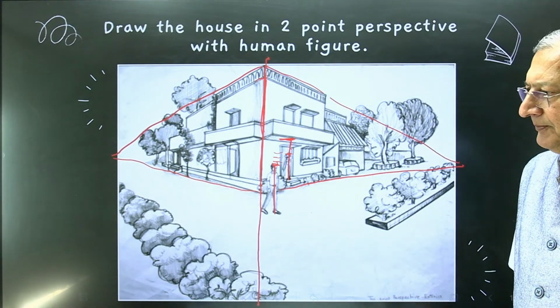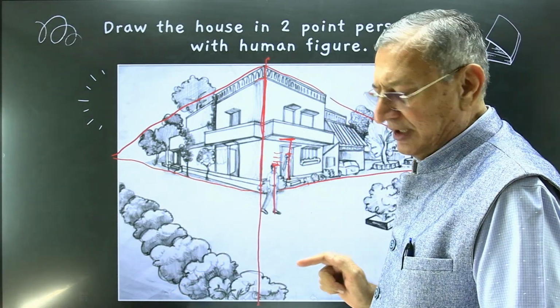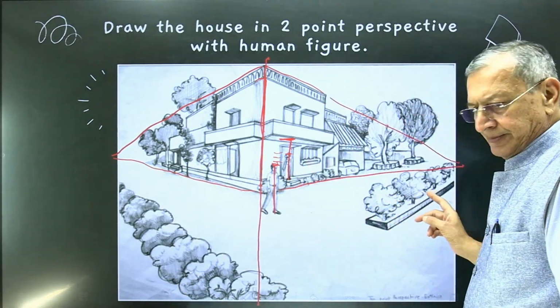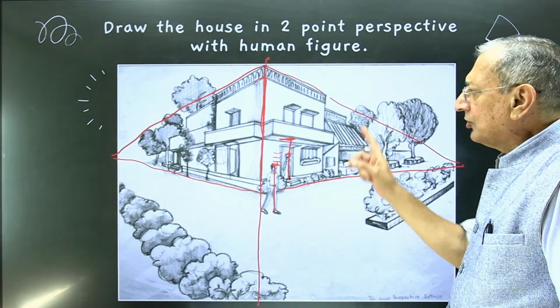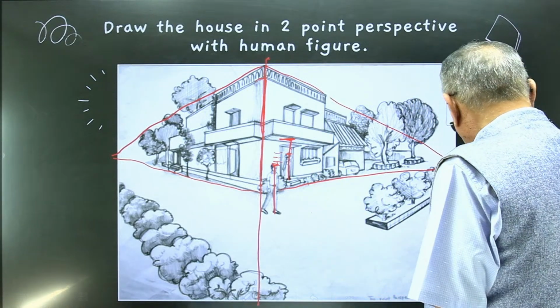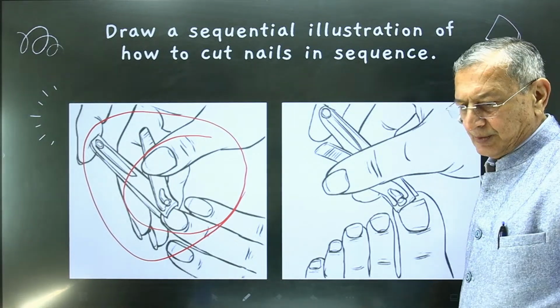Okay. They also judge it from the horizon and the eye level that you have taken. Horizon and eye level are the same. Okay. So all those things which I have been talking about are the ones that they judge your perspective from.